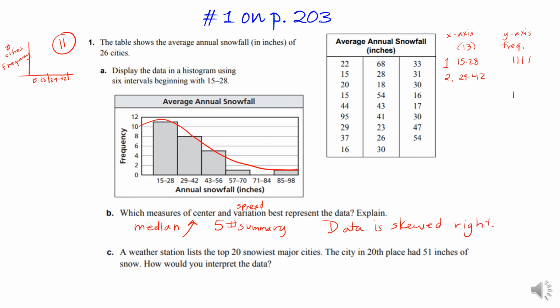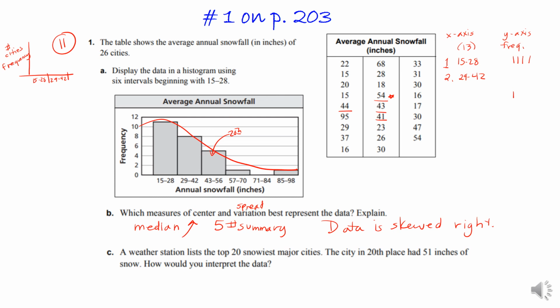Then it says a weather station lists the top 20 snowiest major cities. The city in 20th place had 51 inches of snow. How would you interpret the data? I'm going to look up here and say that 20th city would be in this bin. So now I'm going to go look at that bin and find the numbers that are in that bin. I find 44, that's below 50. 43 is in that bin. 54 is in that bin and it's greater. 41 is in that bin.